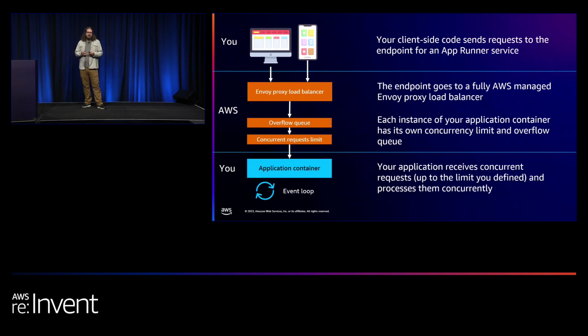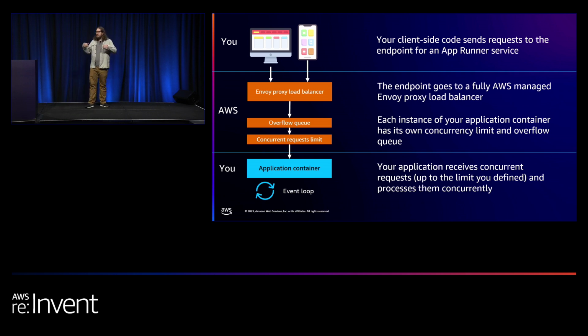Now I want to talk a little bit about the traffic load balancing, because that deeply integrates with how that scaling works. So App Runner essentially is powered by an Envoy proxy load balancer that's deployed internally as part of your App Runner service. So this differs from other forms of deployment that you may have used in the past, where you have to run your own application load balancer or network load balancer or API gateway in order to distribute traffic horizontally.